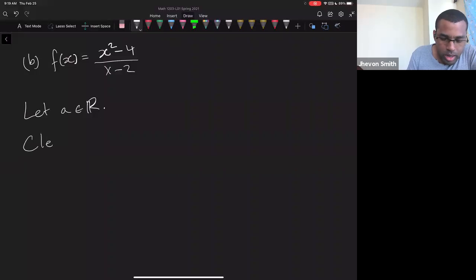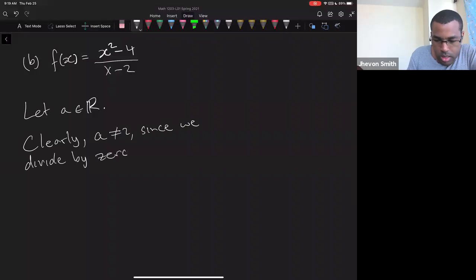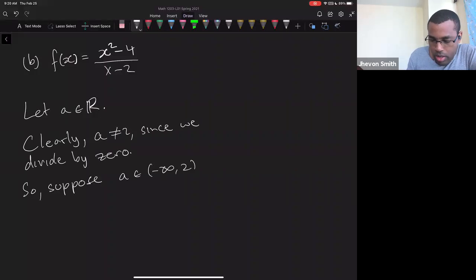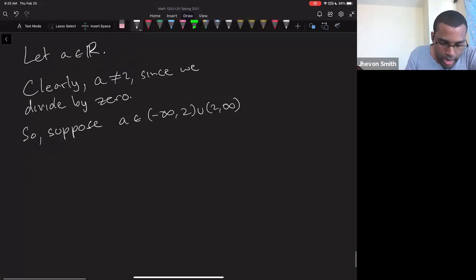One thing we can say clearly, A cannot be 2 since we divide by 0. So suppose our A is in this interval. It's everything other than 2. Then I can ask the question, is f defined?